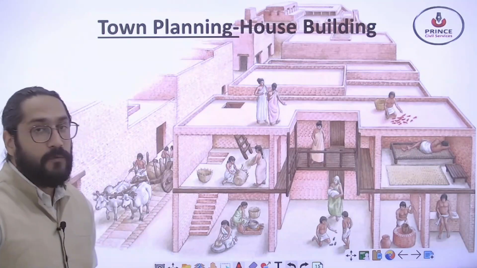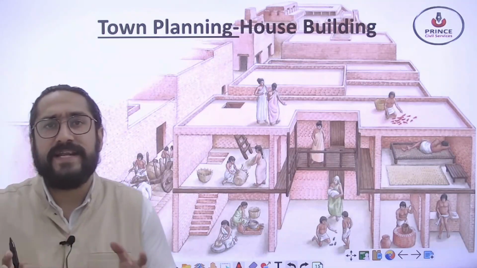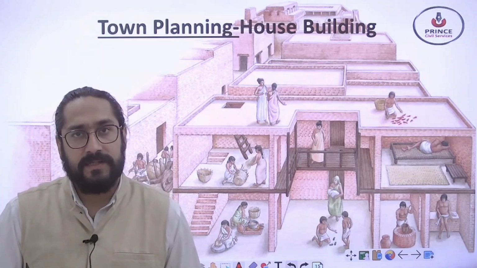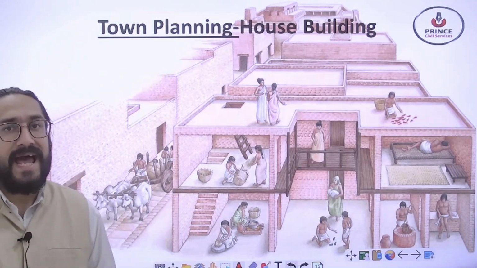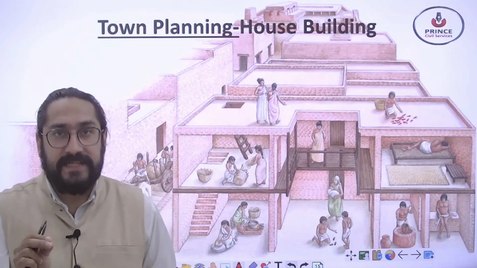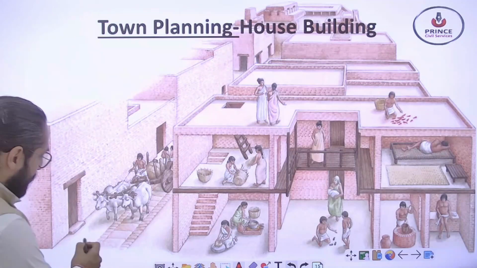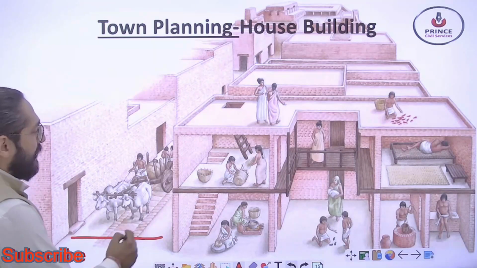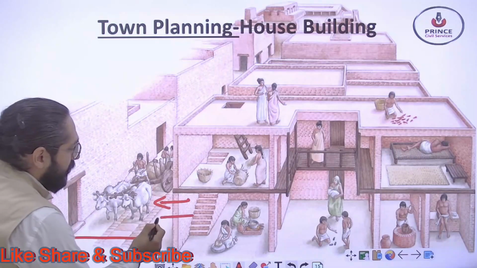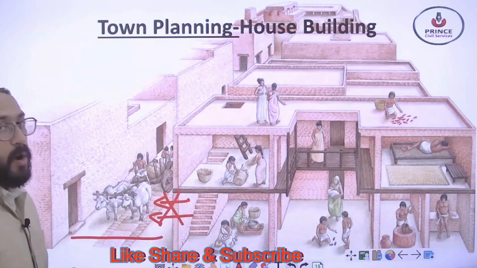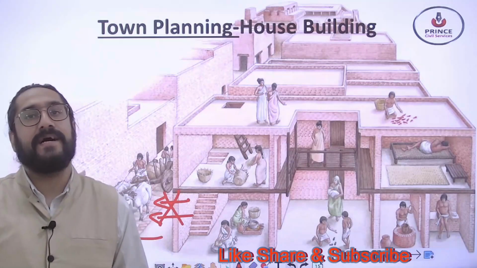The first feature was that they were very conscious of their privacy. The windows and the doors didn't open onto the main street. This is a main street. You can see the door and the window did not open onto the main street.